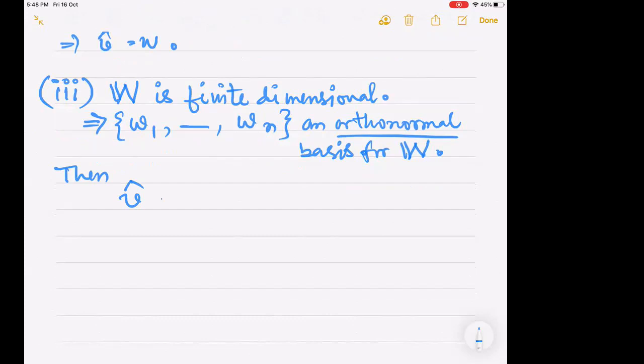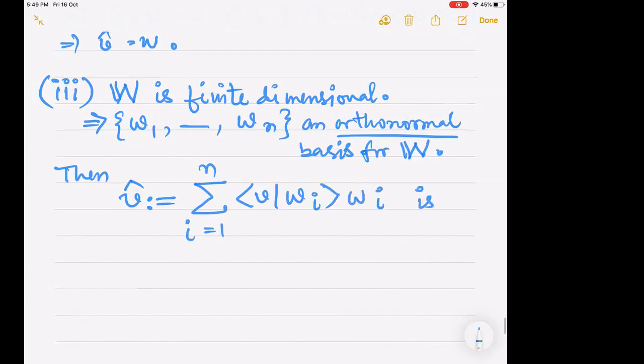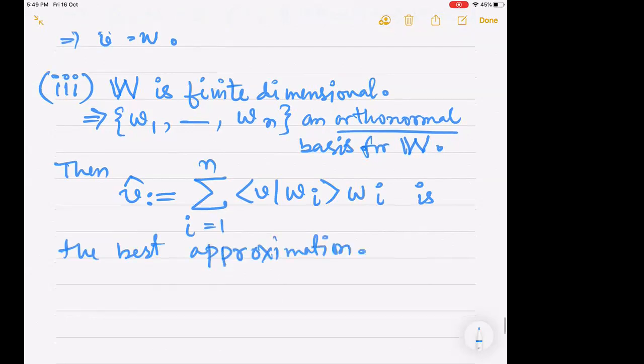That guy is actually given by the summation i going from 1 to n of the inner product of v with wi, times wi, is the best approximation. Proof, once again, simple.